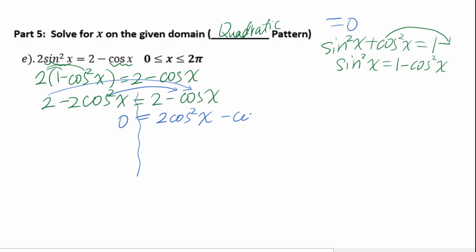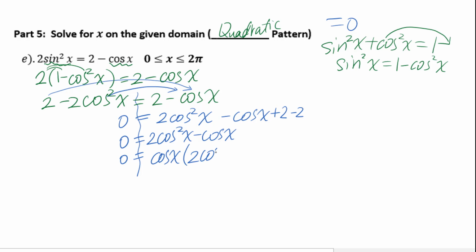Then minus cosine x plus 2 minus 2. Then combine like terms. You will get 2 cosine square x minus cosine x. Common factor. You will get the cosine x times 2 cosine x minus 1.